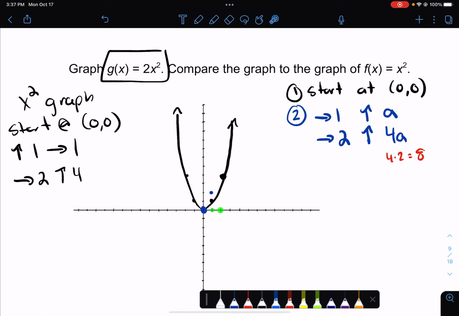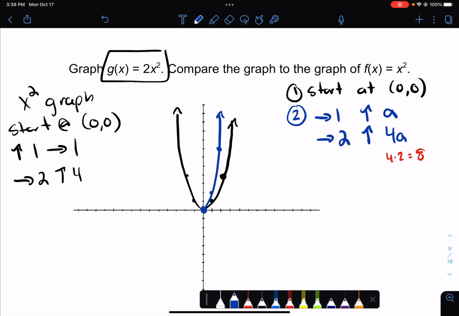Over 1, 2, and up 1, 2, 3, 4, 5, 6, 7, 8. So my other point is going to be clear up here. And then I'm going to draw this side of it, which is what we expect, right? It's going to be steeper, which is going to make it skinnier than my original graph.